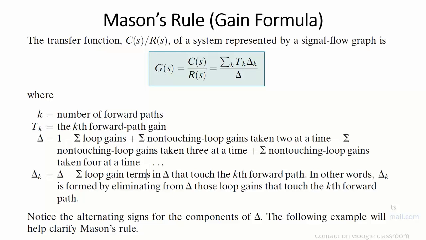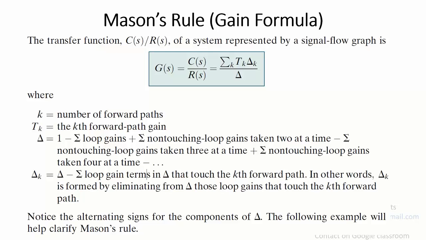So this was given by a person named Mason, and he gave a rule to obtain the transfer function. So what he did, he obtained this formula by reverse engineering. So he, from the signal flow graph, obtained the expressions, the mathematical representation of the node variables. Then from that expression, he understood the formula.